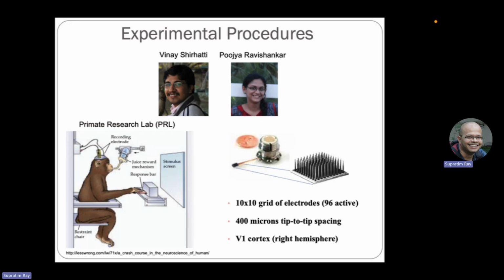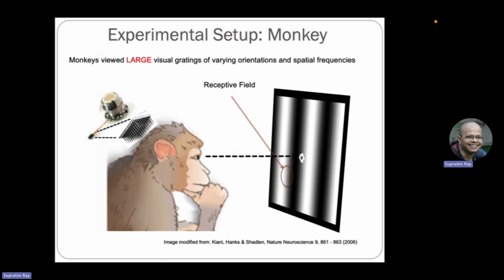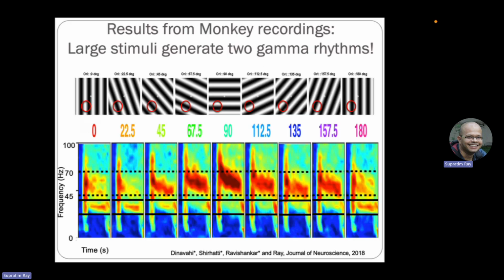In our case, we use Utah arrays. These are the Utah arrays. It's a 10 cross 10 grid that is implanted in the monkey's brain. And when the monkey looks at these gratings, you get these types of responses.